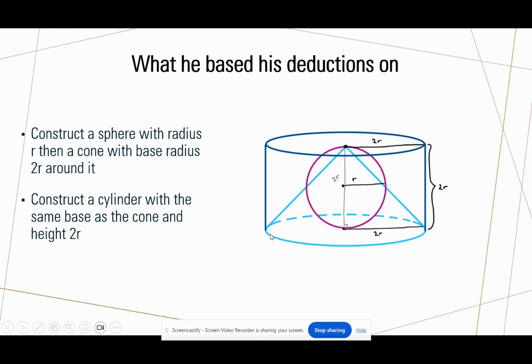And then from the base of the cone, he constructed a cylinder that had the same base and height as the cone. So in this case, it's 2r as the radius and 2r as the height, since it's the radius and then the radius again of the sphere.